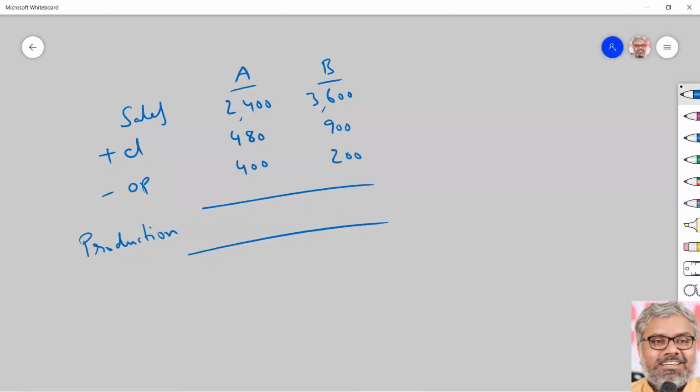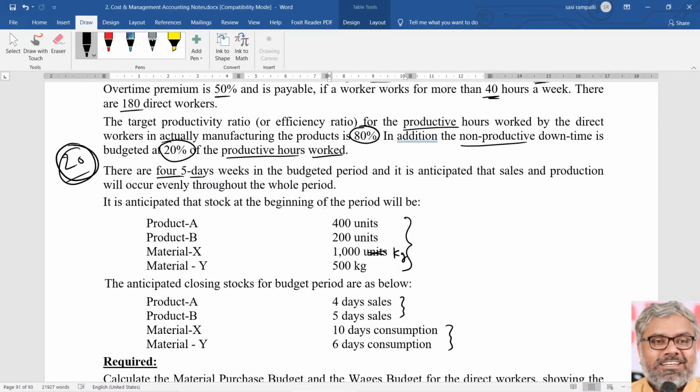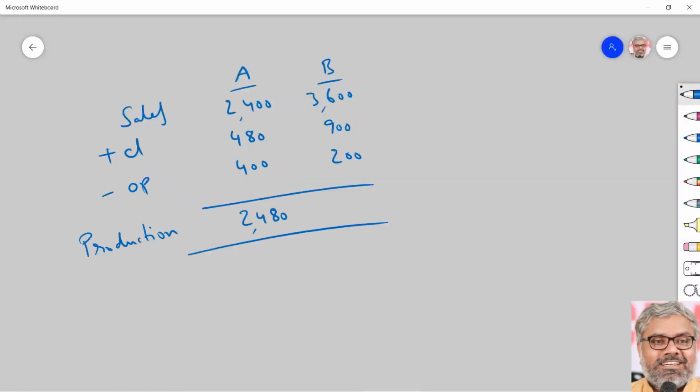So do the calculation. Plus 480 minus 400 means plus 80. So basically 2,480 is the number of units of A that is required to be produced. For B, plus 900 minus 200 means plus 700, which means 4,300 number of units of B is supposed to be produced.